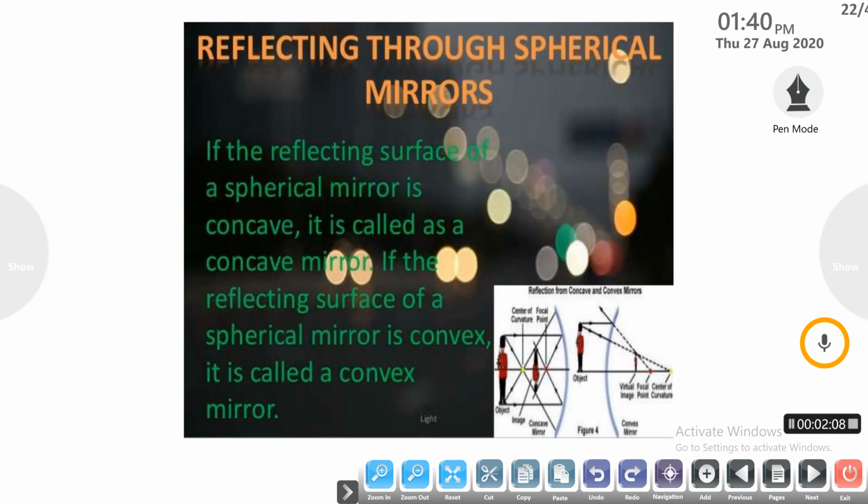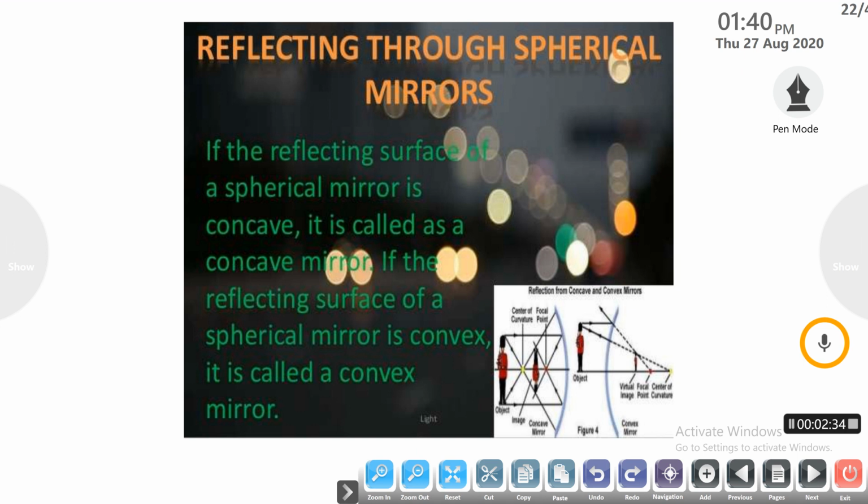The next is the reflection that occurs through spherical mirrors. As you all know, all types of mirror, whether a plane mirror or a spherical mirror, show reflection. So how will this reflection look in the case of a spherical mirror? If the reflecting surface of a spherical mirror is concave, or inwards, then it is a concave mirror.